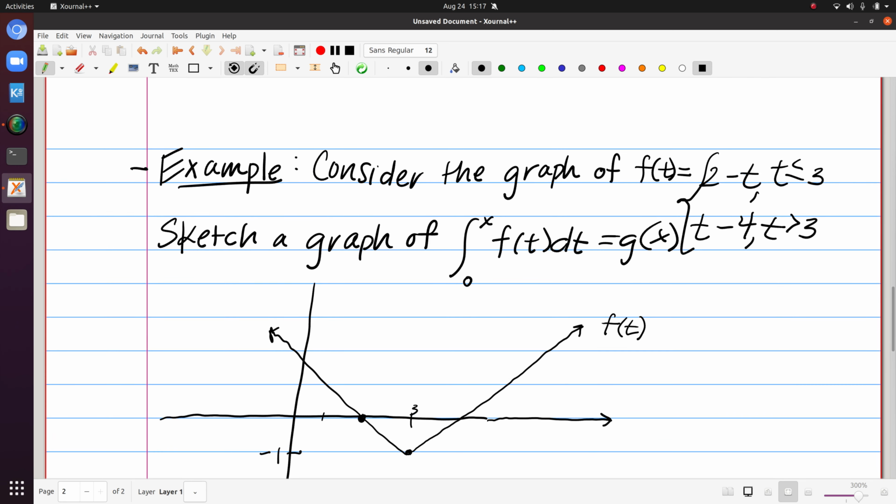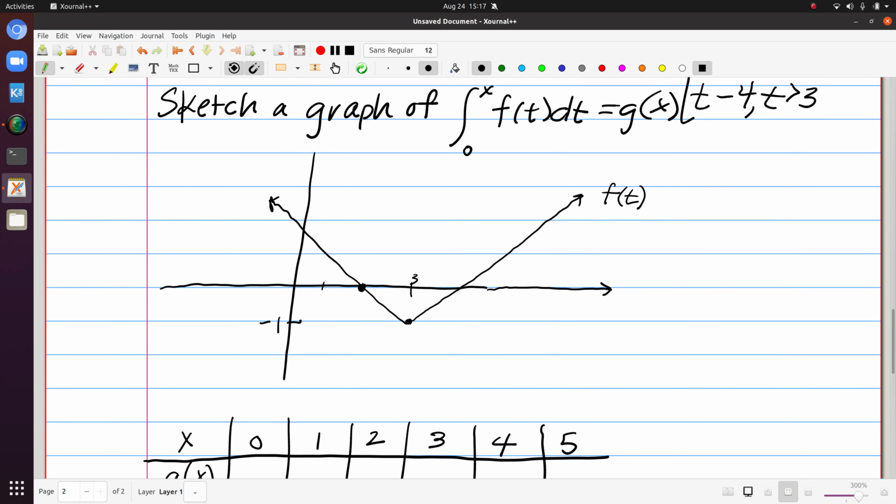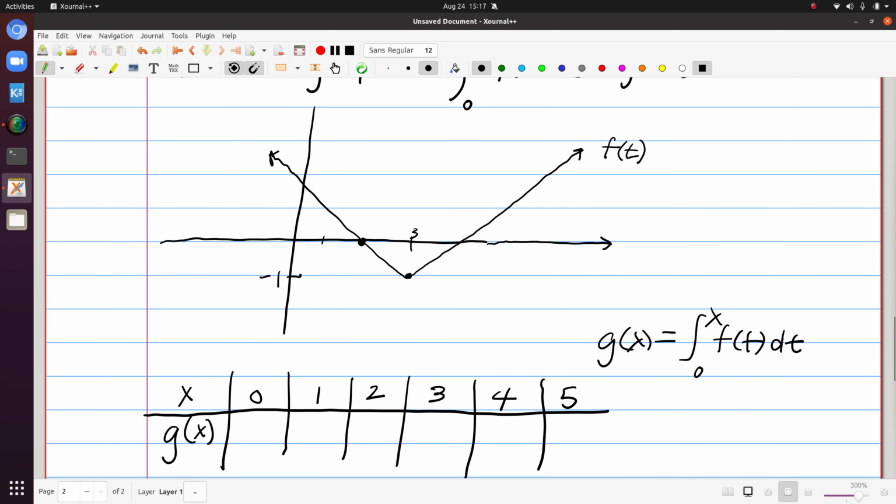So just because I can't see it here, when I come down here, g of x I'm looking at is the integral from 0 to x of the function I've graphed above. So to start with, remember that when I replace x with the same number we see in the lower limit of integration, I'm integrating from 0 to 0, I get 0. Now to find g of 1, we're going to interpret that as the area from 0 to 1.